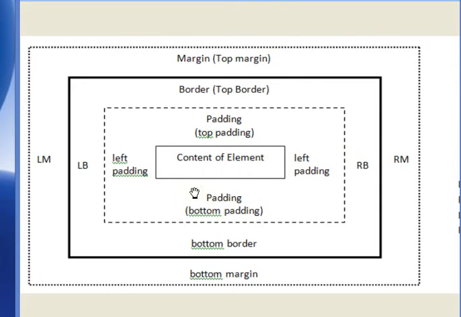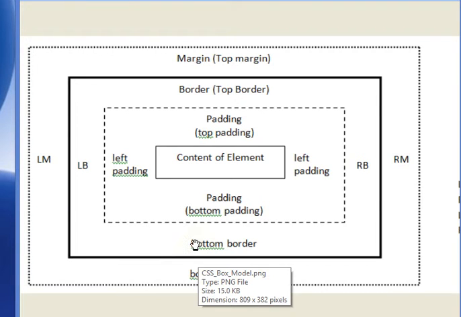And in case of border, the border is also divided into 4 regions: the top border, the right border, the bottom border, and the left border. And similarly, the margin is divided into the top margin, right margin, bottom margin, and the left margin.